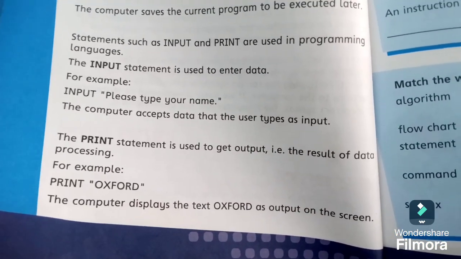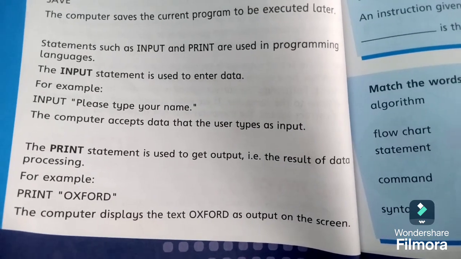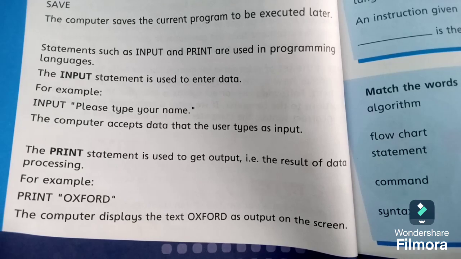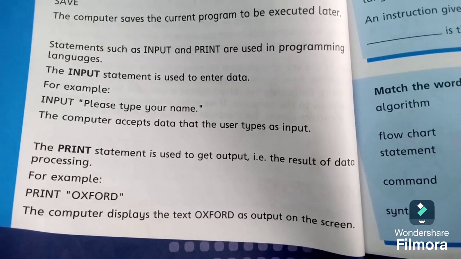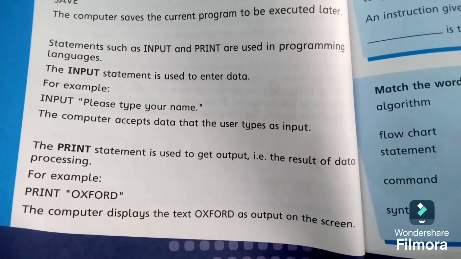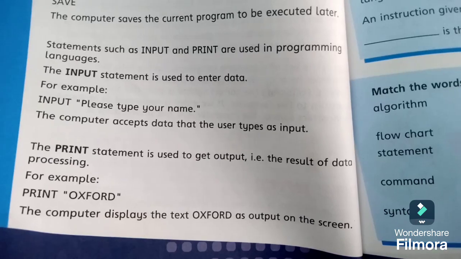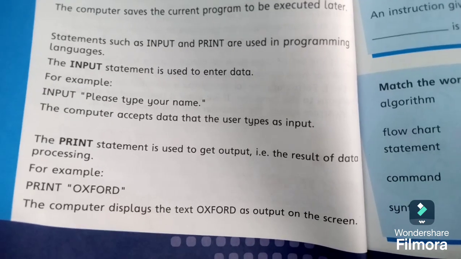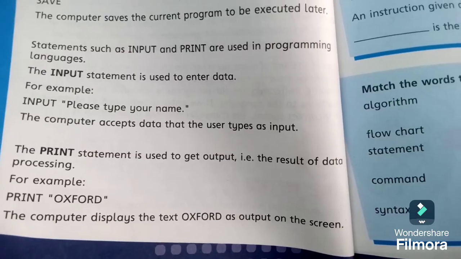So the print statement is used to get output, the result of data processing. The data that we have processed, the results, are the output and you can print your output. For example, print Oxford, the computer displays Oxford as output on the screen.